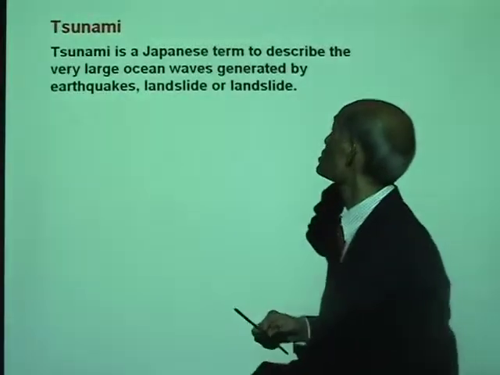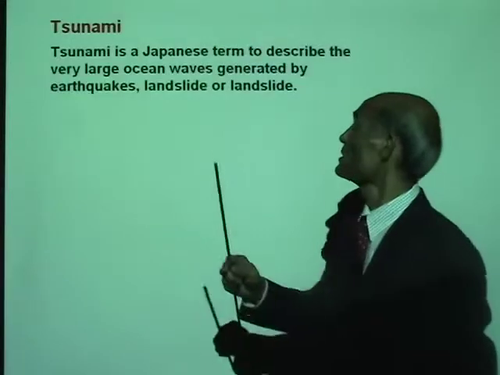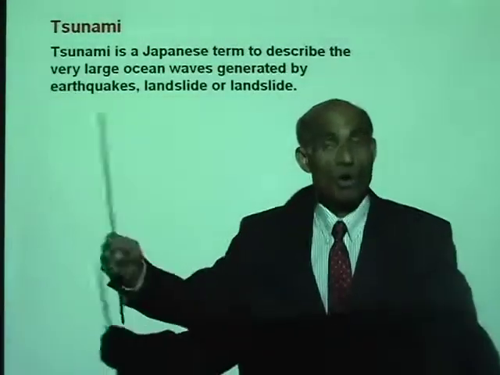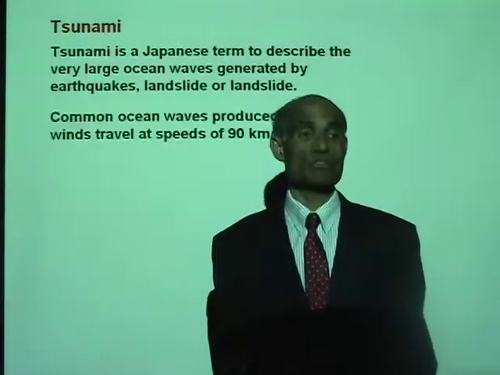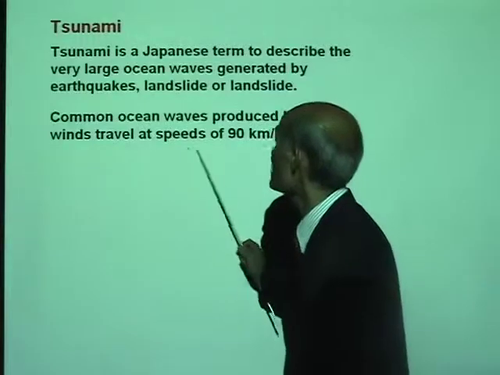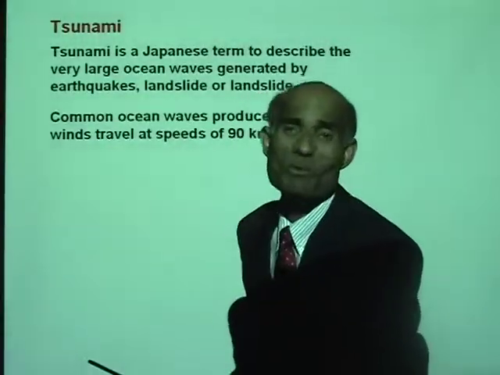Tsunami is a Japanese term to describe the very large ocean waves generated by earthquakes, landslides, or similar occurrences. Common ocean waves produced by winds travel at speeds of about 90 kilometers per hour.